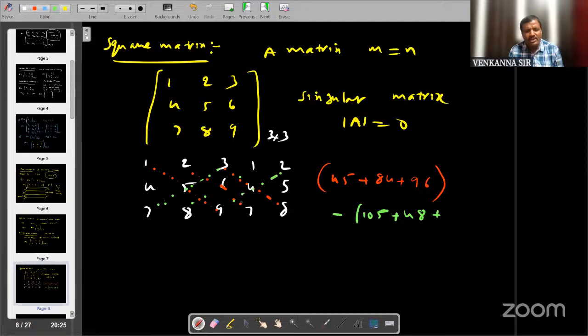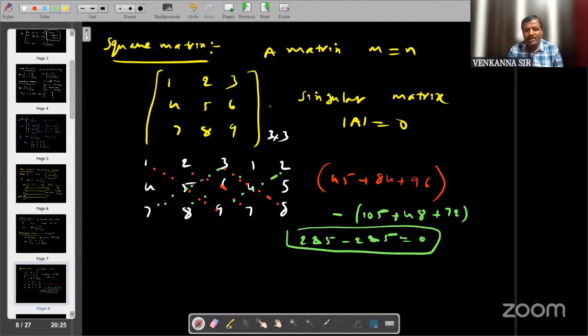These three, this diagonal multiply: 72. See what result we are going to get. This result is 225. Overall it is 225 minus 225 equal to 0.